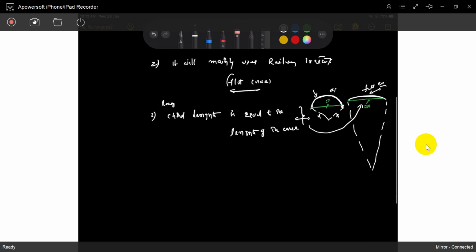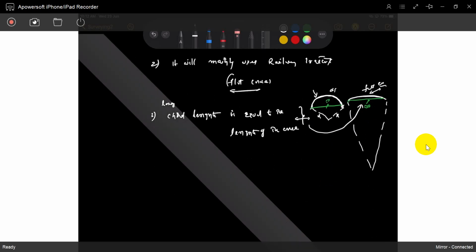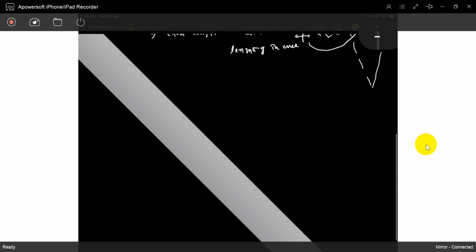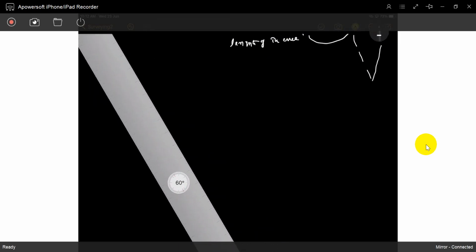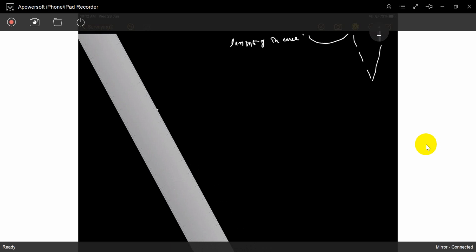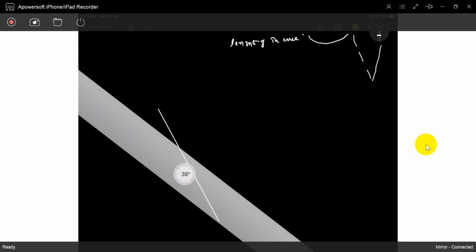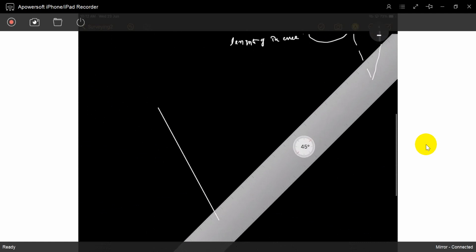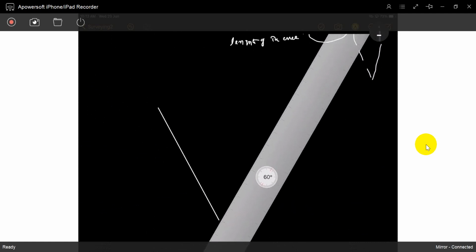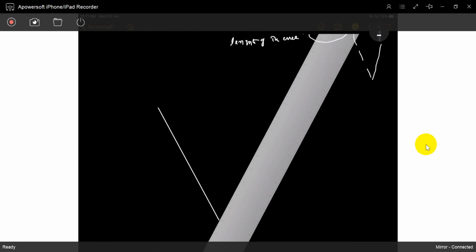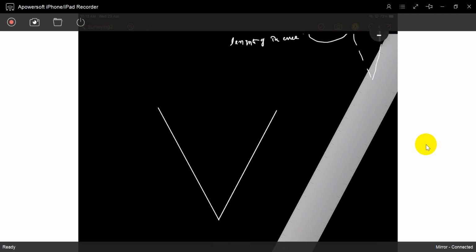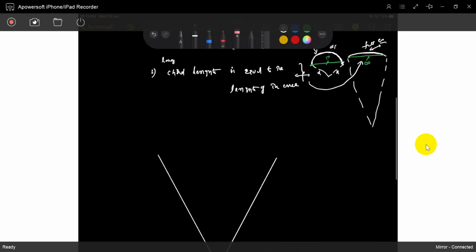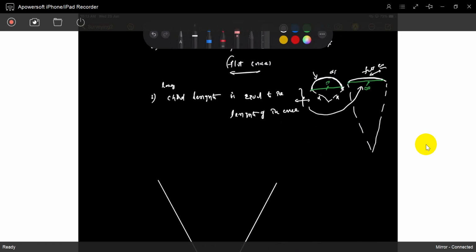Now I will take an example. Also observe one thing: if it is a long flat curve, the angle of deviation is small, and if it is a bulk curve, the angle of deviation is large.